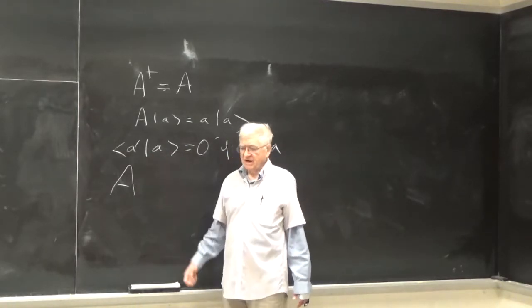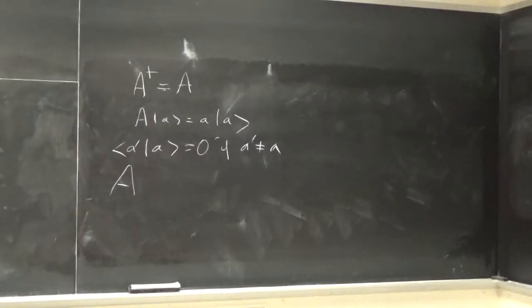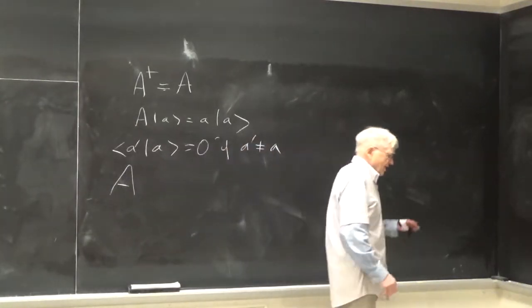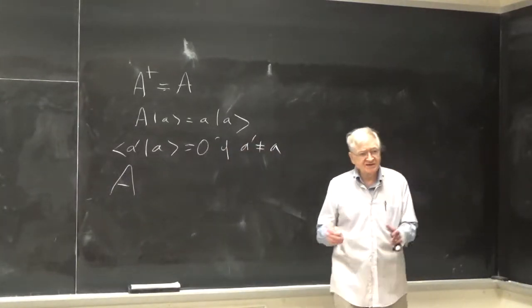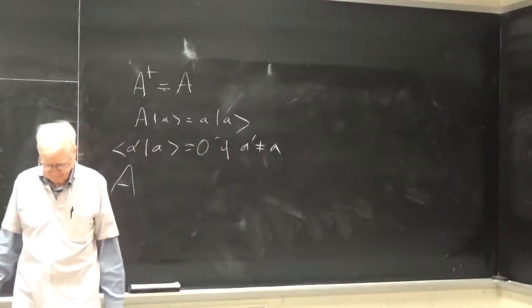Sometimes, however, the matrix A can be sufficiently symmetric that there are more than one eigenvector for a given eigenvalue. And we say that that eigenvalue is degenerate.